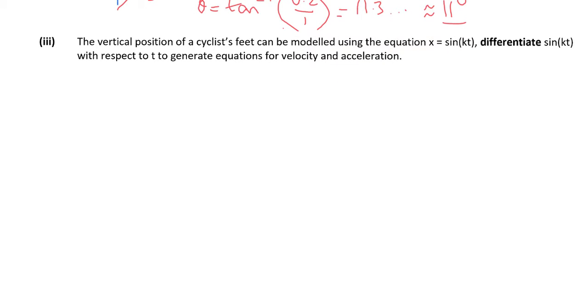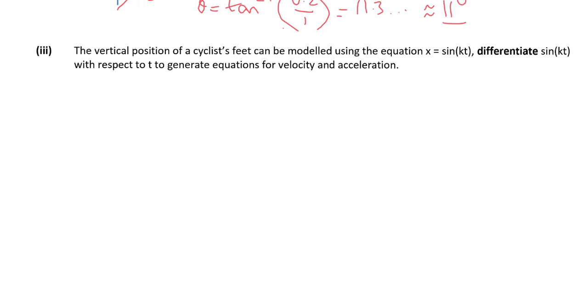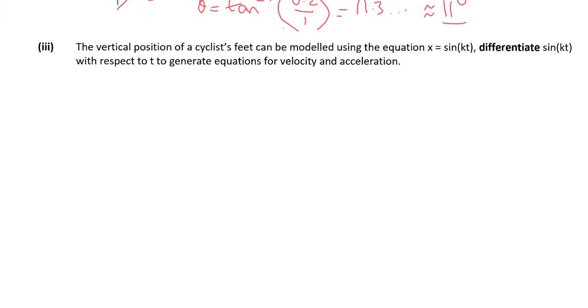Okay, so the vertical position of a cyclist's feet can be modelled with the equation x, which will be the position, so the displacement is going to be given by sine of kt. So differentiate sine kt with respect to t to generate equations for velocity and acceleration.